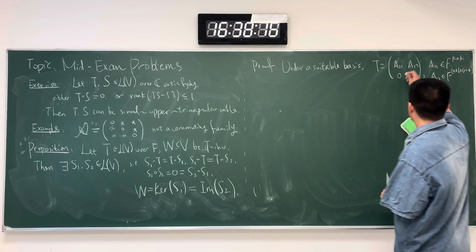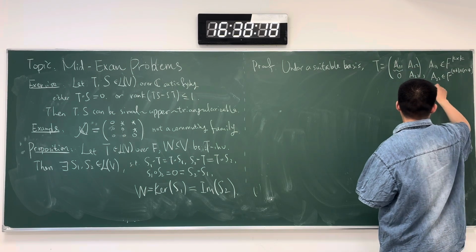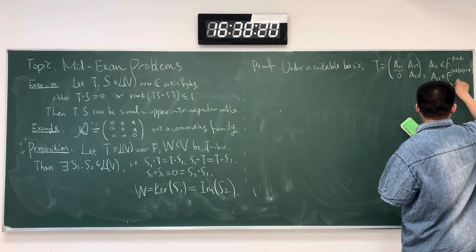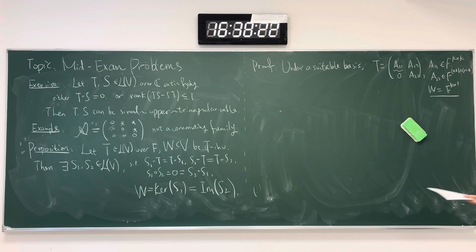And our W is just spanned by the first K columns.